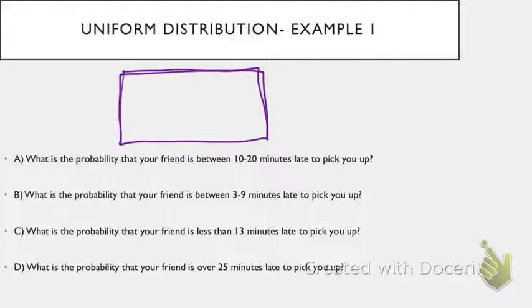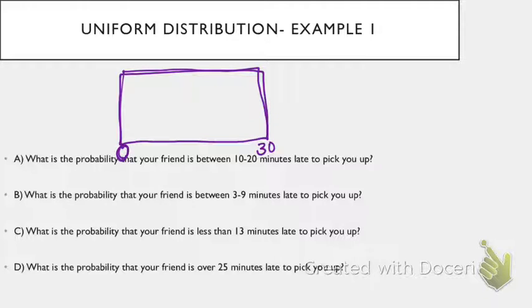Either the problem will give you the range or it'll give you the average time. If it gives you the range, you label the bottom of your rectangle 0, up to the maximum time that your friend is late. So your friend could be anywhere from 0 to 30 minutes late.